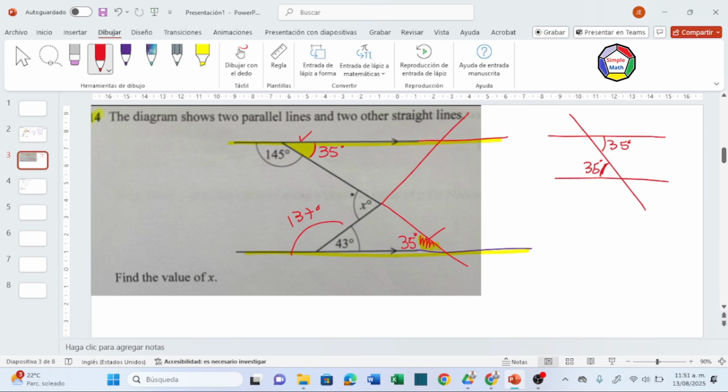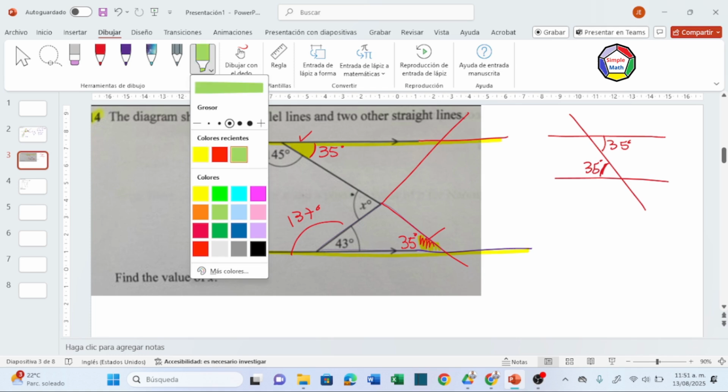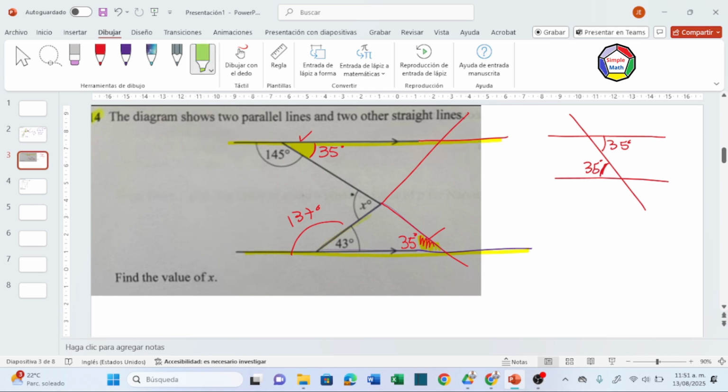And remember that on each triangle, I'm going to take another color. In this triangle, look, I will highlight with another one. Let's highlight with green. In this triangle, guys, the sum of the interior angles, so this one plus this one plus this one, must be 180 degrees.